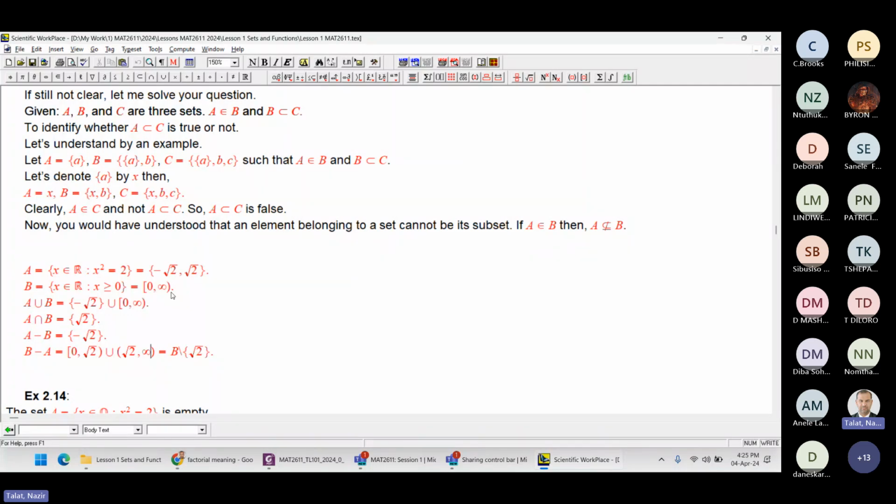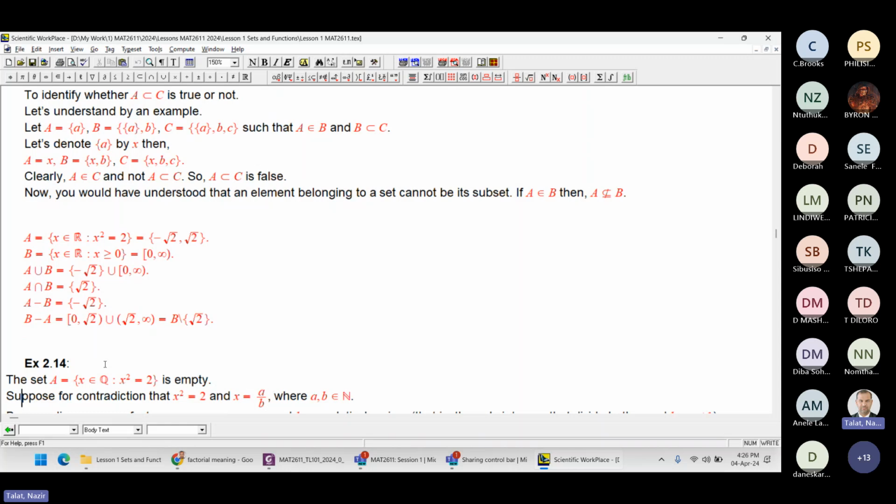Just remove the element which is common in B and A. So we just take B minus A, we can compute and get the answer, because it will remove only those elements which are in B but not in A.